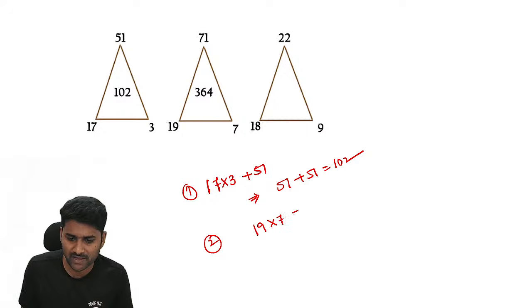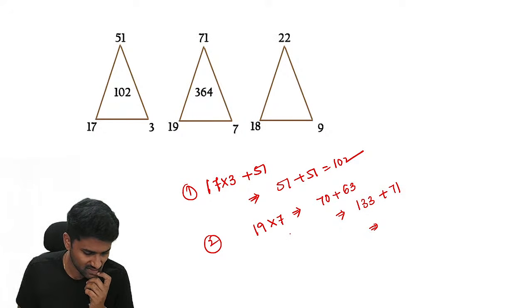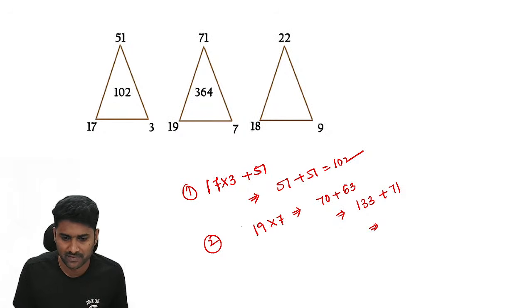19 into 7. 7 into 10 is 70, 9 into 7 is 63.